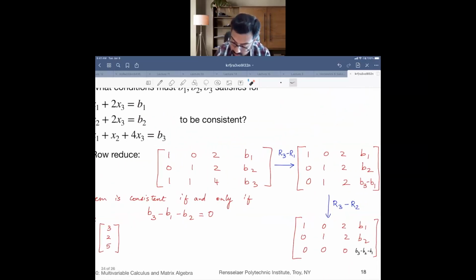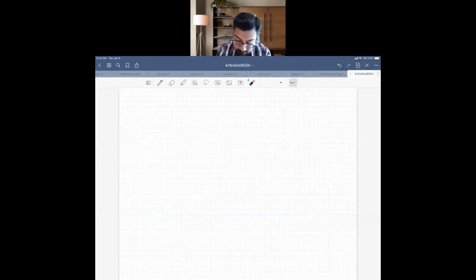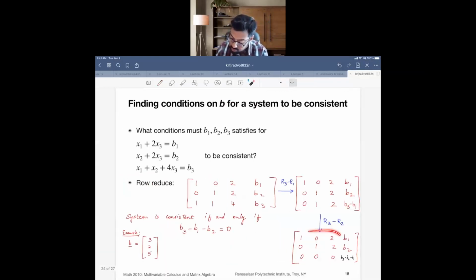So let's take a look at it on the next slide here. If the vector B is 3, 2, 5, what is my augmented matrix going to change to?